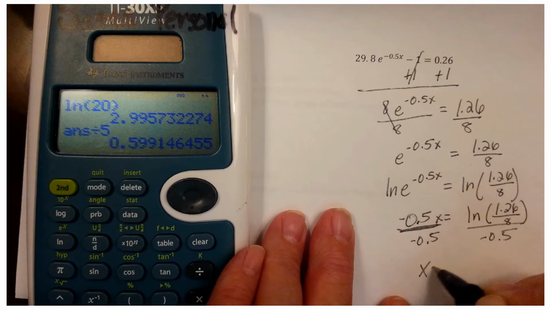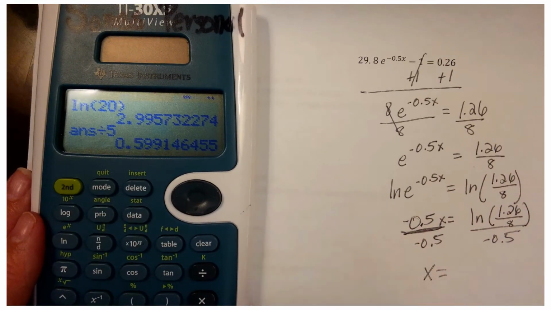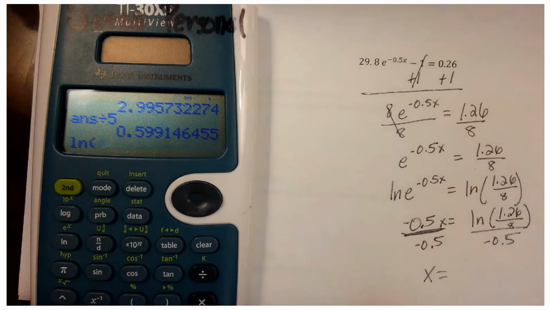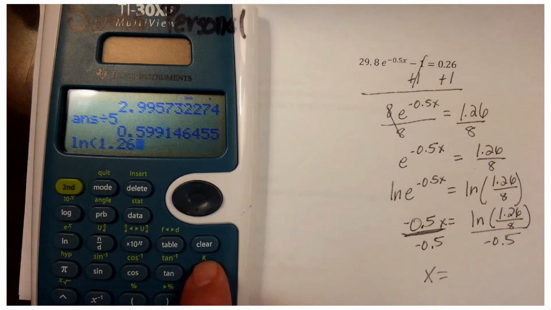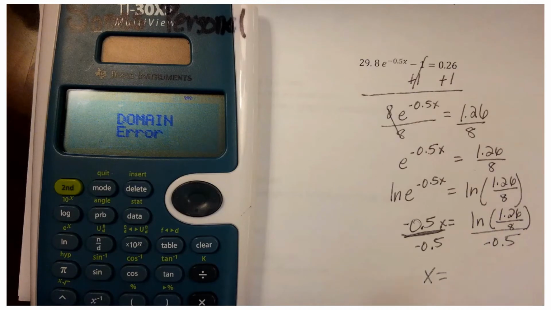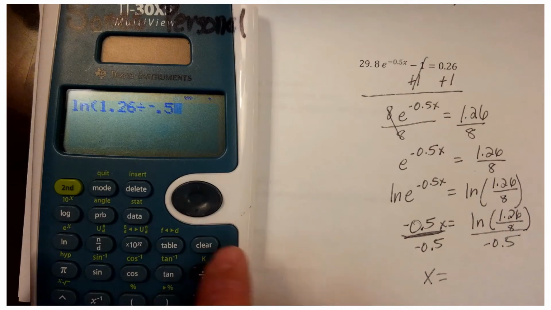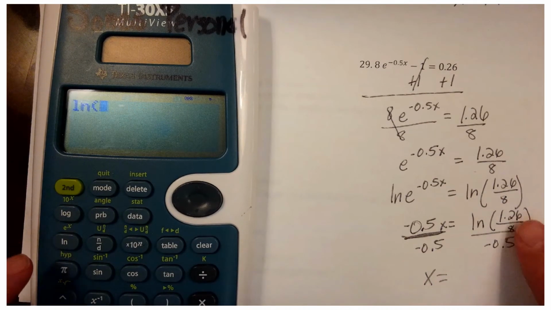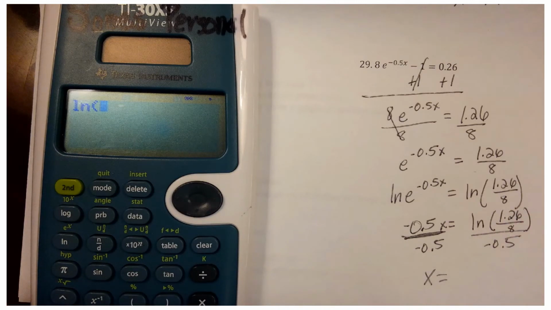Okay, so let's put this in the calculator and see what we get. So we're doing natural log of 1.26 divided by negative 0.5. Oop, nope, I did that wrong. My bad. Natural log of 1.26 divided by 8.